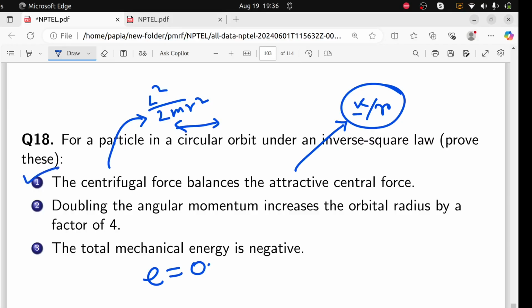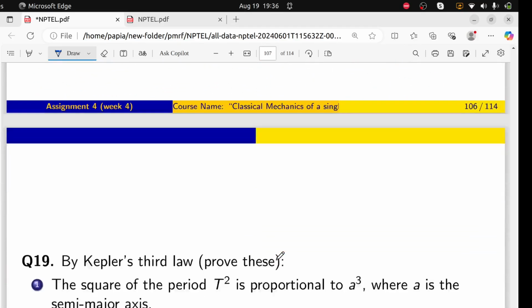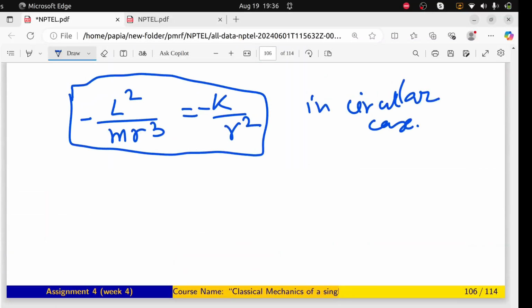Okay, done. Now, doubling the angular momentum increases the orbital radius by a factor of 4. Okay, angular momentum doubling. Our angular momentum was r cross p, which is nothing but m r cross p.